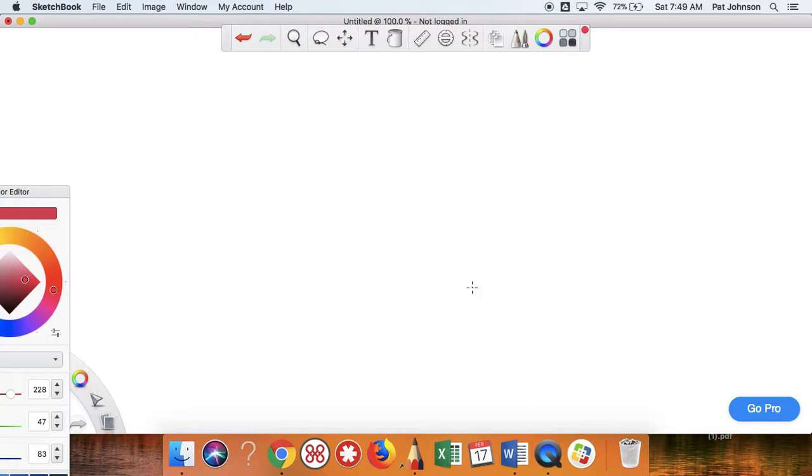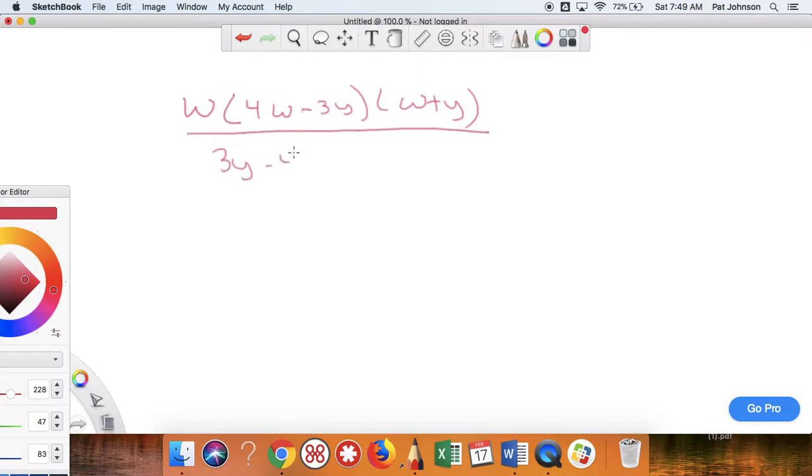So we have w times, I'm going to go ahead and factor it as I'm writing it. So w times 4w, I factored out a w, and I'm left with 4w minus 3y, you can't factor anymore, times w plus y, all over 3y minus 4w times 5w plus y.